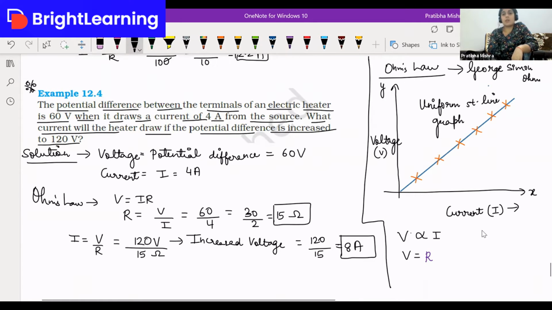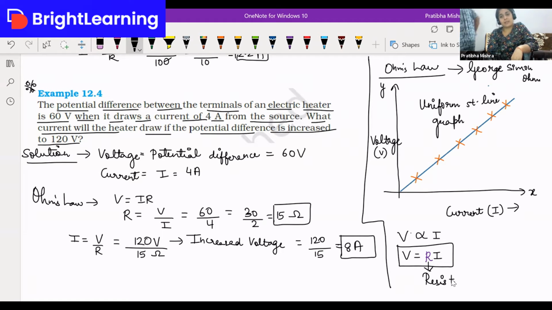So voltage or electric potential is equal to the product of resistance and current. Resistance means prevention of flow of current through a particular object. R is resistance. So this is Ohm's law.